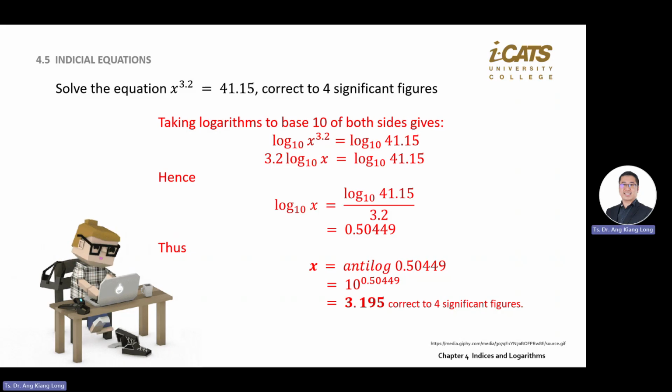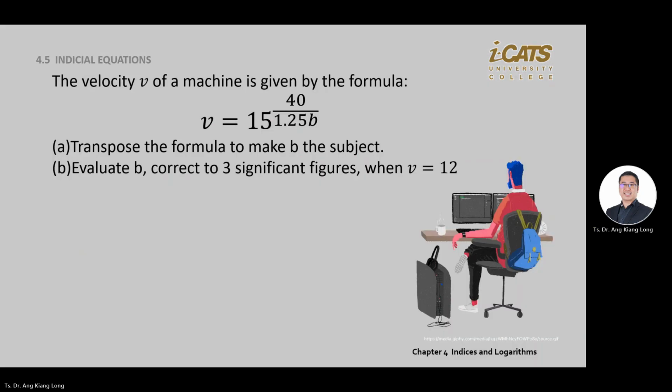4 significant means 1, 2, 3, 4, 4 digits. Yeah. Okay, the rest is just an application of the indexes law and also the index. So let's say you have this question that you see in the dynamics chapter or dynamics module. Velocity equal to 15 power something, and the power is 40 divided by 125b.